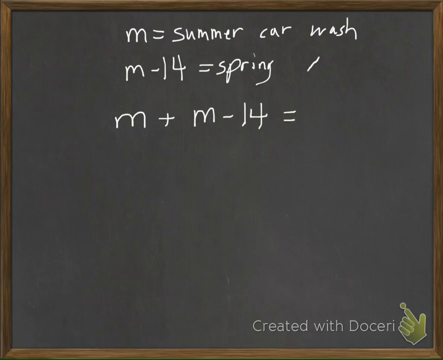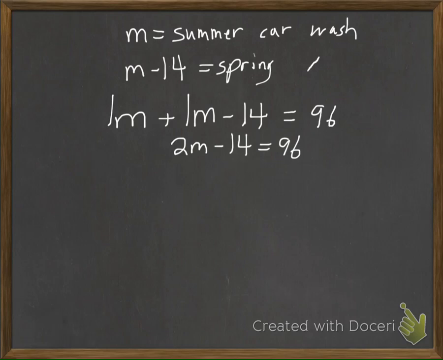And if I add those two amounts together, then that should give me 96 total cars. Now, if we combine our like terms, which we'll need to do before we solve, what do we get? Well, we have 1M and 1M, so that gives us 2M minus 14 should equal 96.